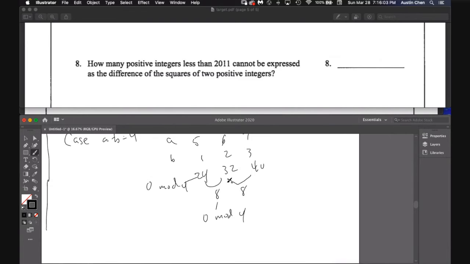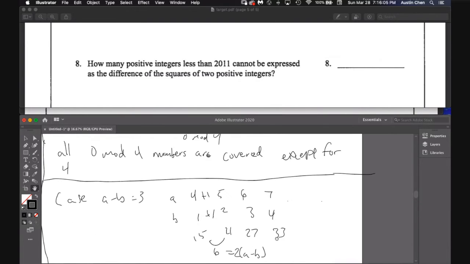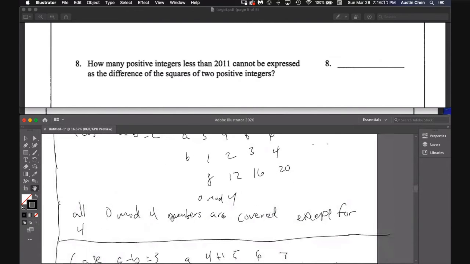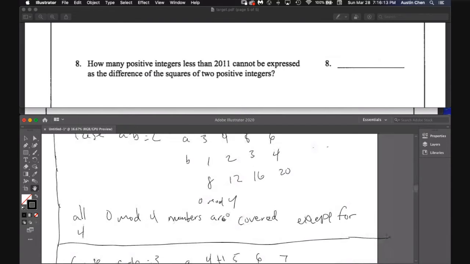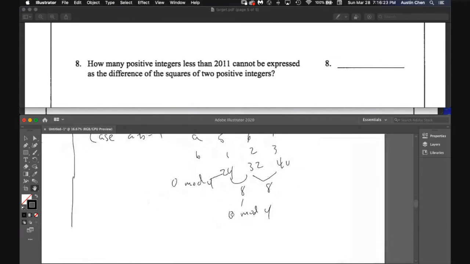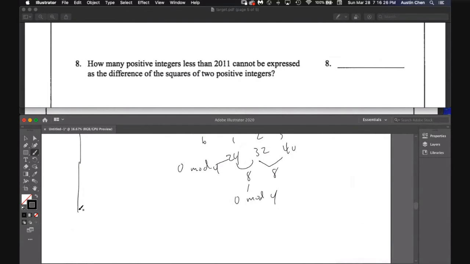So, if we're always hitting 0 mod 4 numbers, and in our case where our difference is equal to 2, we saw that all 0 mod 4 numbers are covered except for 4, then again, we're not hitting any new numbers. We're not covering any new numbers that we didn't know we were already covering before. So again, this case does not add anything new.